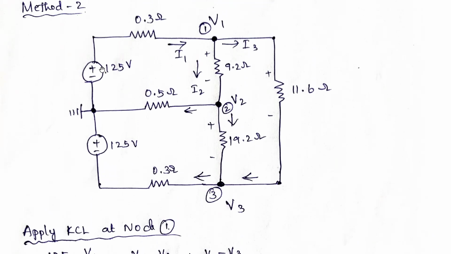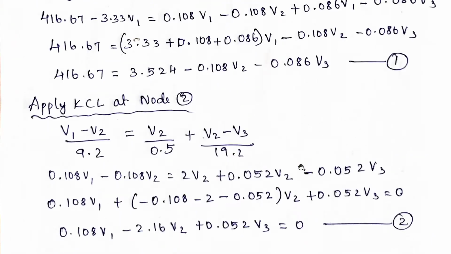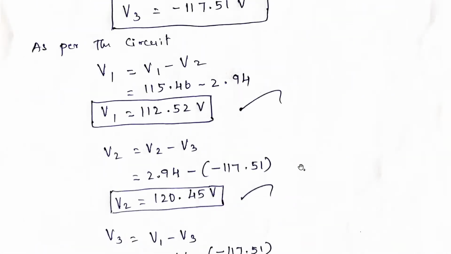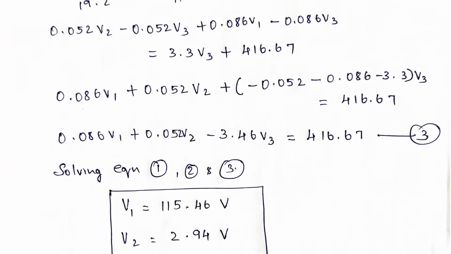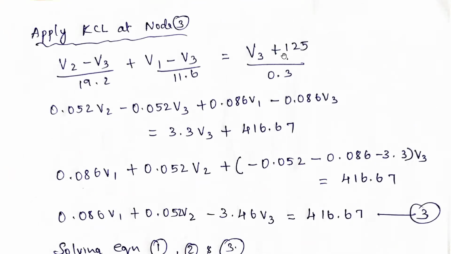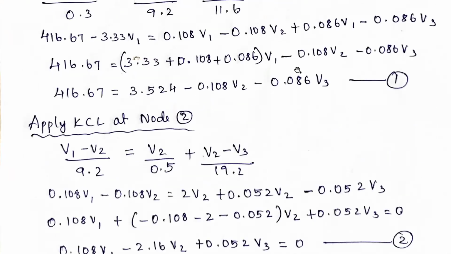Or otherwise you take it in the reverse way, like 125 plus V3, or minus of 125 minus V3 divided by 0.3, like that also you can take.